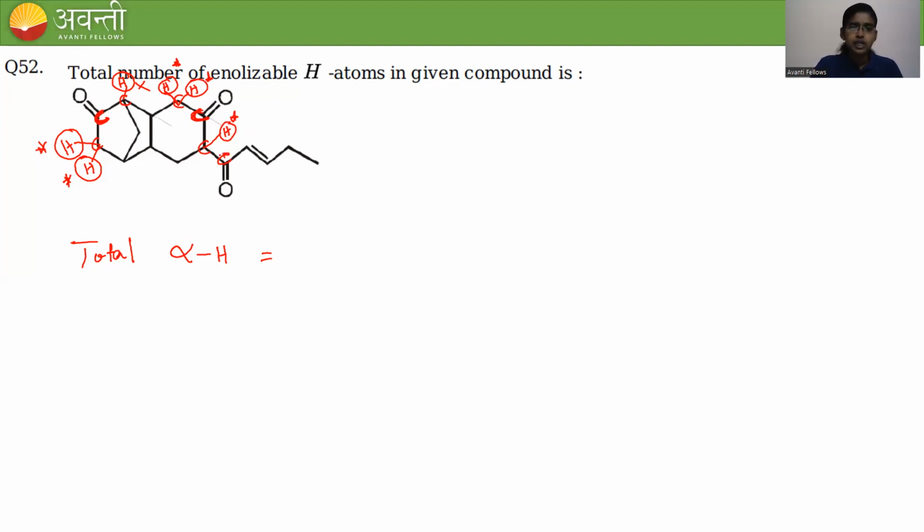And for this particular carbon, you can see here is one hydrogen, and with respect to this carbon, this is also alpha. So it is again an enolizable hydrogen. So totally we have 7 enolizable hydrogen. Totally we have 7 alpha hydrogen which are enolizable. Okay.